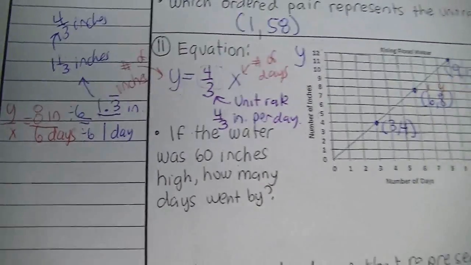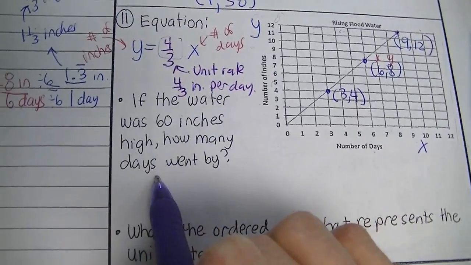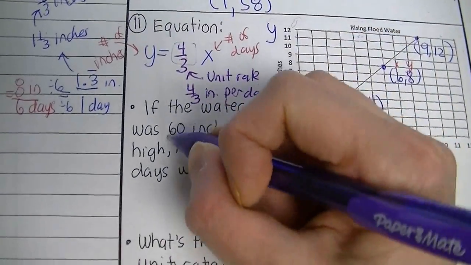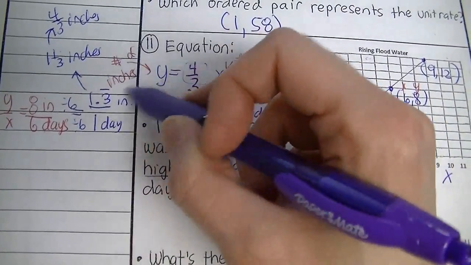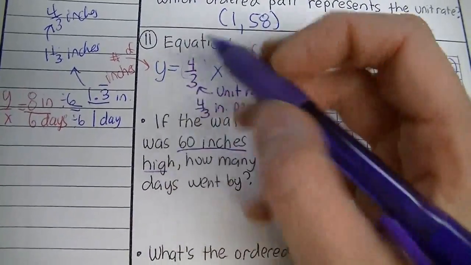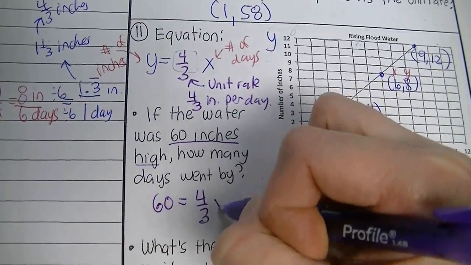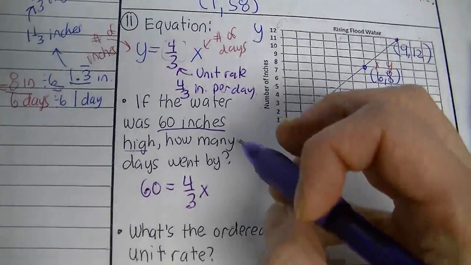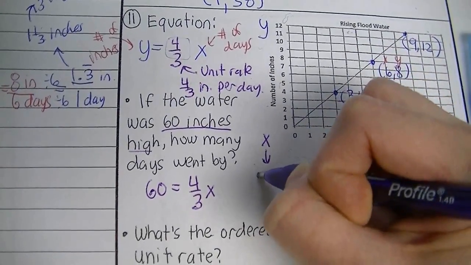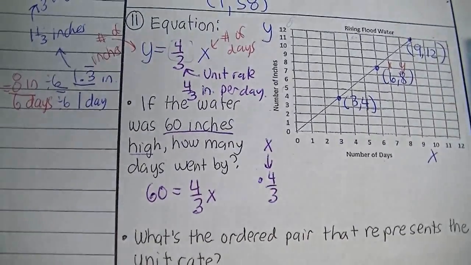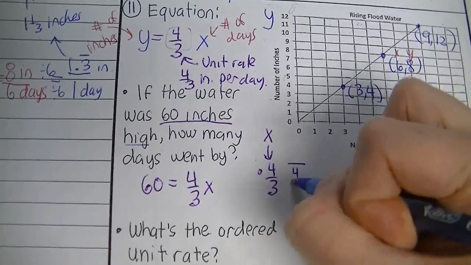All right. So for this question right here, it says if the water was 60 inches high, how many days went by? So I see the water was 60 inches high, and I know that this is labeled number of inches, so that 60 is going to go right there. So 60 equals 4/3 times x, okay? And when we built this, we started with x, and then we just multiplied it by 4/3. So the inverse operation of multiplying by 4/3 is to divide by 4/3.